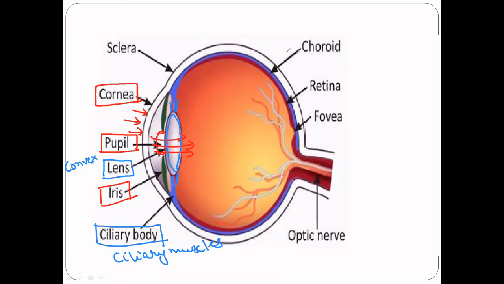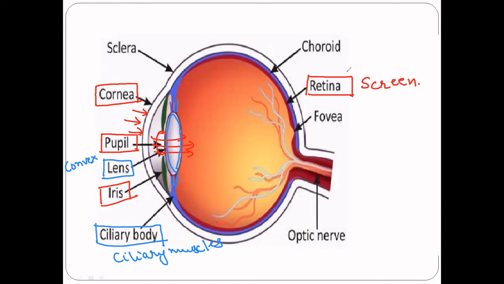Now the very important part of the eye, let us see that part. This is the retina. When light is entering into the eye, where is the image formed? The image is formed on the retina, and the retina acts as a screen on which the image is formed, right?